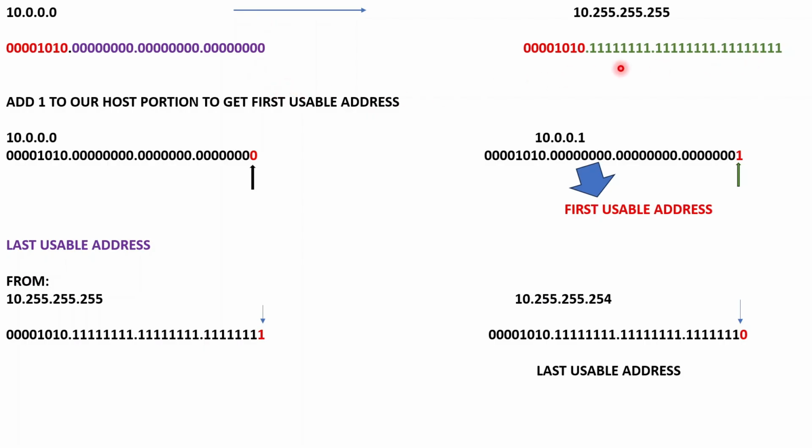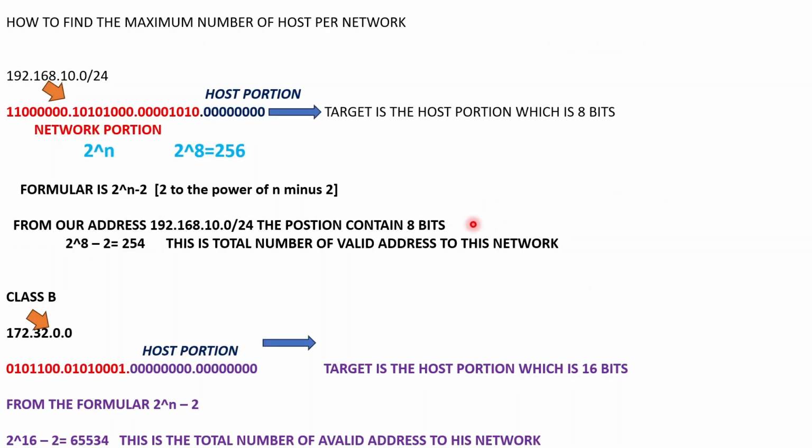So umeona hapa tume add only 1 here. You add only 1, this you're going to get the first usable address. Once you want to get the last usable address, you load from the broadcast address, then you minus 1 from your broadcast address. Then after you minus 1, you're going to convert your binary bit into decimal number, then you're going to get the last usable.